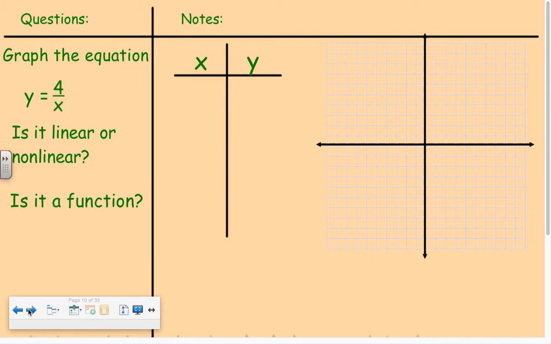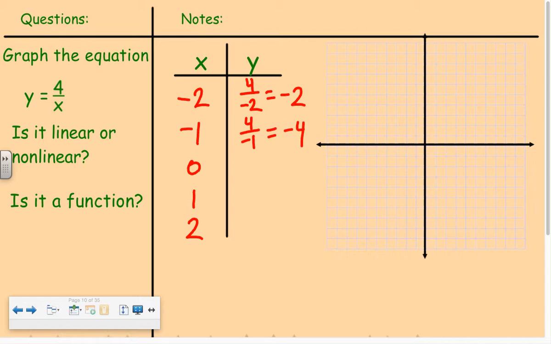All right, 4 divided by x. So if I put down my x values, -2, -1, 0, 1, and 2. 4 divided by -2 is -2. 4 divided by -1 is -4. Now with 0, 4 divided by 0, well, any number divided by 0 gives you an error.